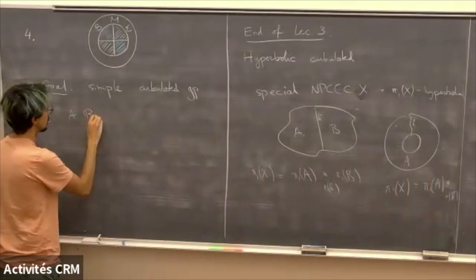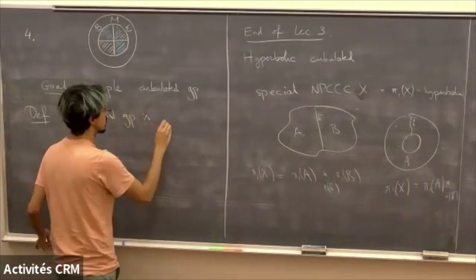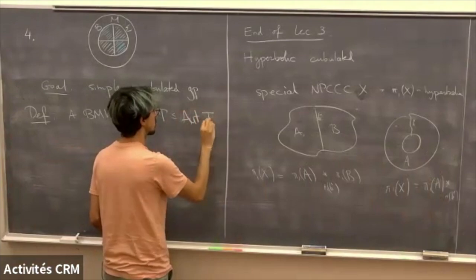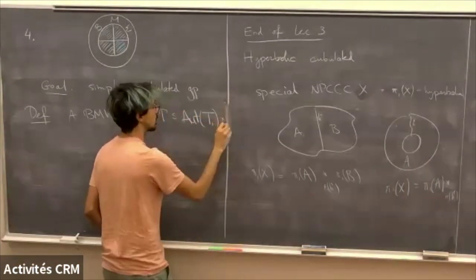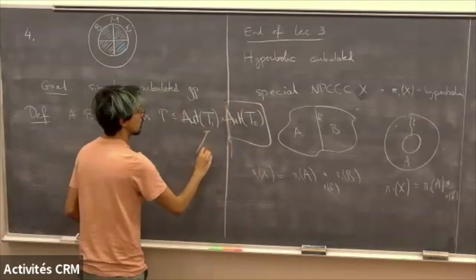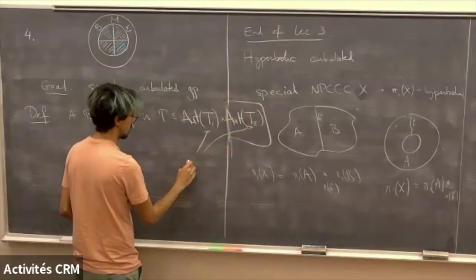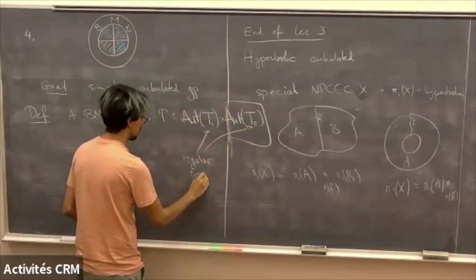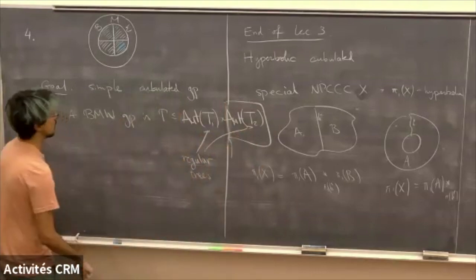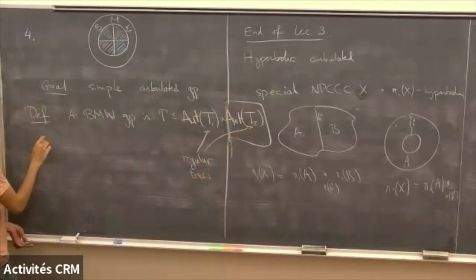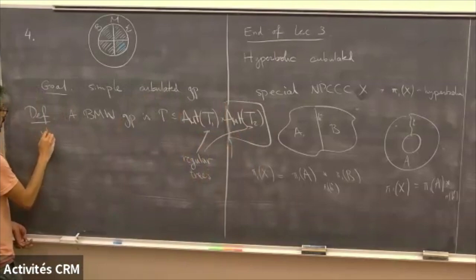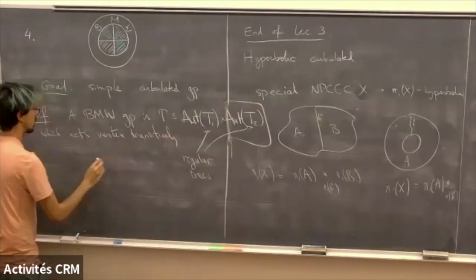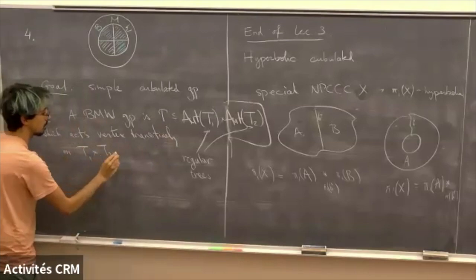A BMW group is a group acting on a product of two trees, in the product of two trees. Let's assume they are regular trees with finite valence, and the action is vertex transitive.